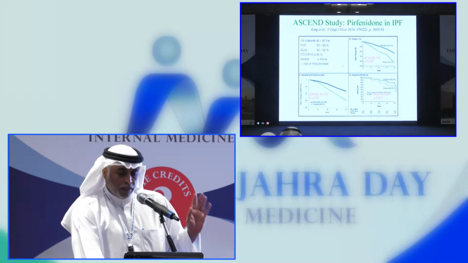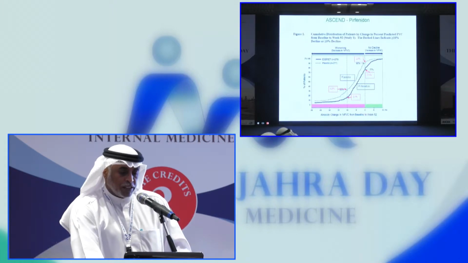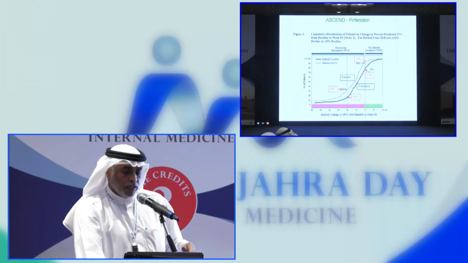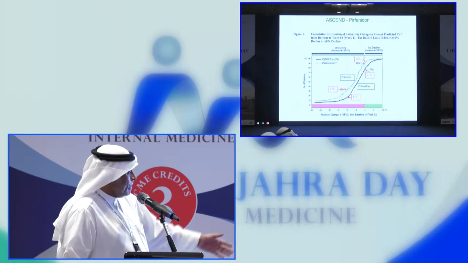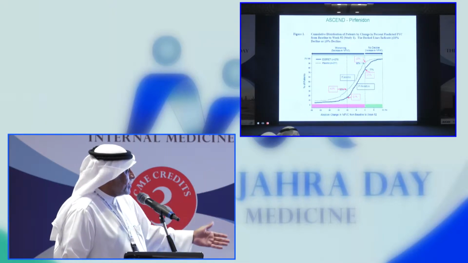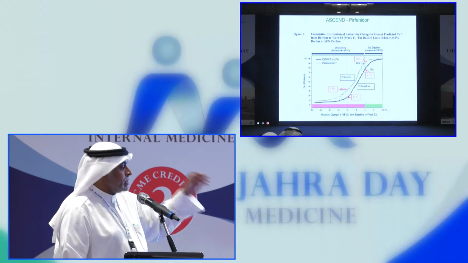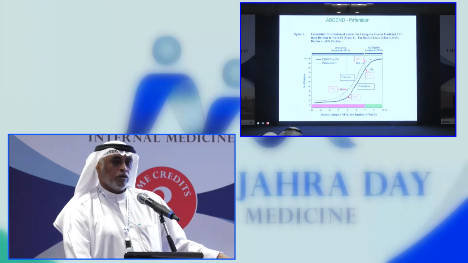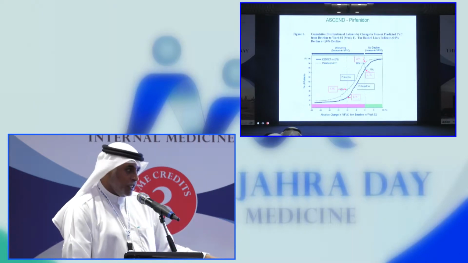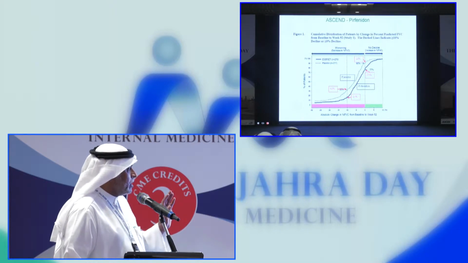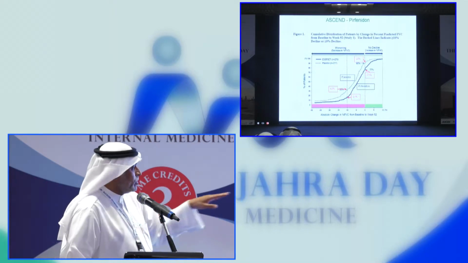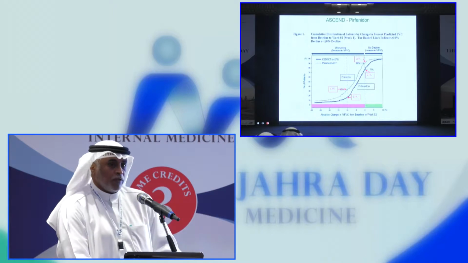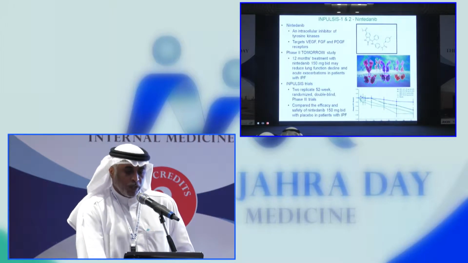So this is one of the medications. From the ASCEND trial, also on pirfenidone, it slowed down the progression of the drop of FVC; those who worsened were stabilized at around 23% compared to 10% with the placebo. So this is one of the medications.